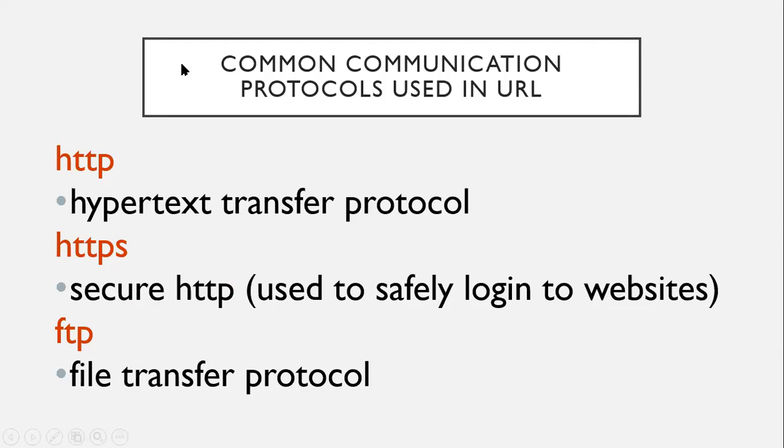Now, these are the common communication protocols used in your URL. The HTTP, which is the acronym of Hypertext Transfer Protocol, HTTPS, or the secure HTTP. This is the one that you should check when authenticating through websites. When we say authenticating, you are entering your username and password.